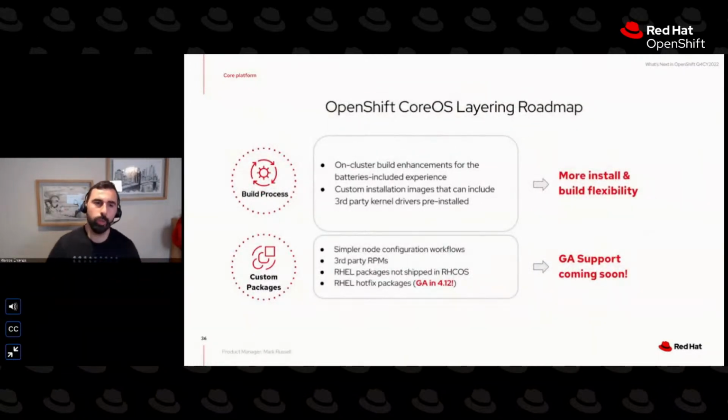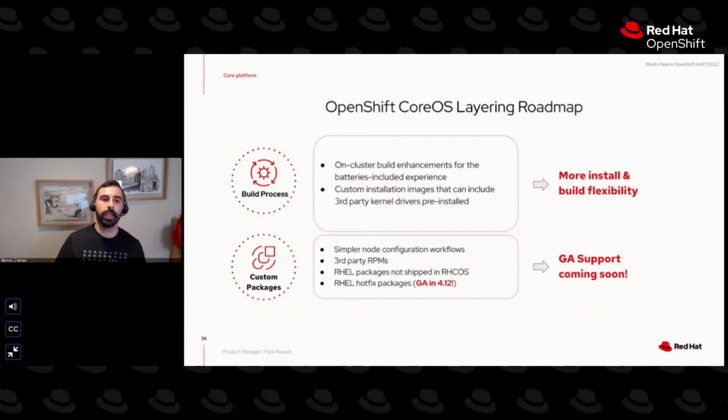In 4.12, we are releasing the core technology powering CoreOS layering. So basically, the operating system is shipping as a container, but it's booting as a normal OS. And as a dev preview, you can customize RHEL CoreOS nodes with your own content. Over the next couple of releases, we will be bringing this to full support, including support to add extra RHEL packages that we don't ship in RHCOS.